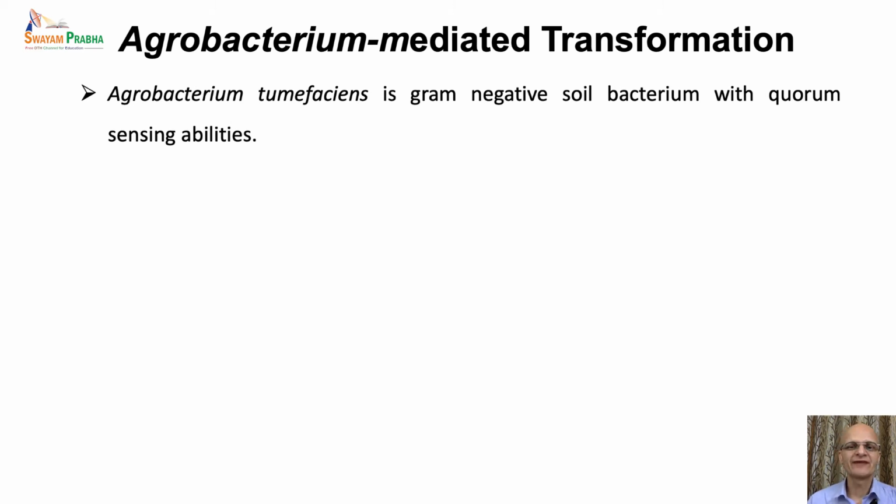Agrobacterium tumefaciens is a gram-negative soil bacterium and has quorum sensing abilities. I'm sure you would remember the concept of gram-negative, that is, these microbes do not retain the crystal violet gram stain and have a very thin peptidoglycan layer.